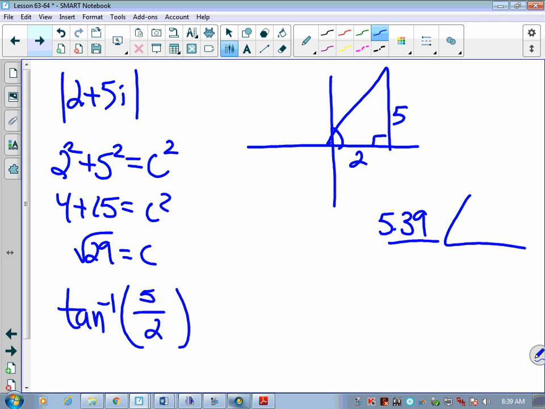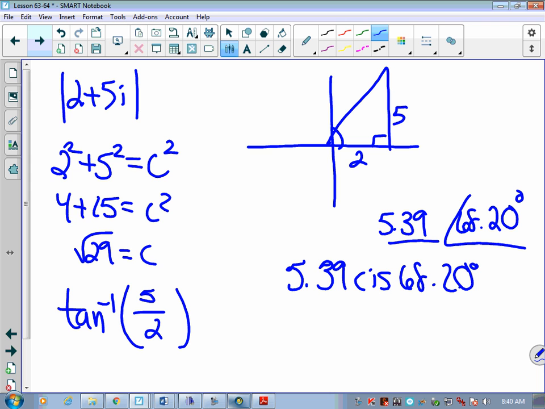Make sure that my calculator is in degree mode, and then get that angle to the nearest hundredth. I would get 68.20. So this is our polar form, or we could have written it as 5.39 cis 68.20 degrees. That's it.